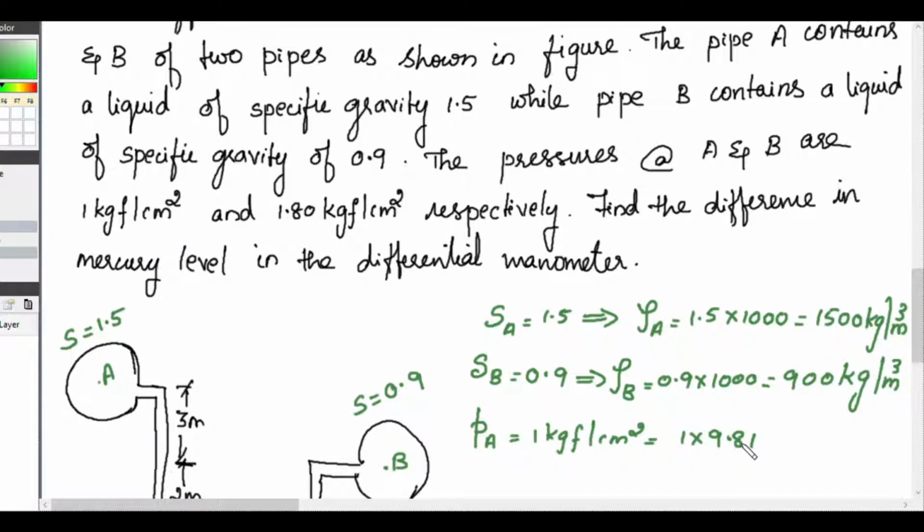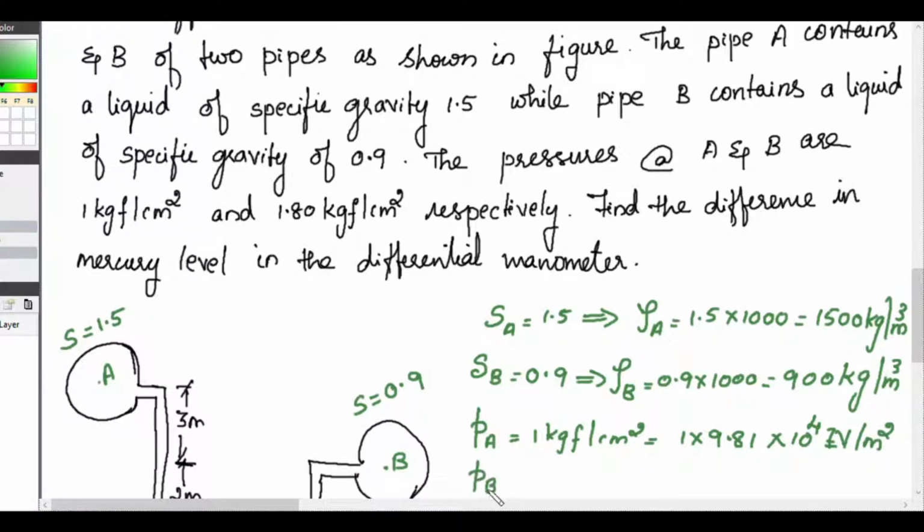9.81 Newton. We are multiplying by 9.81 to convert kilogram force to Newton, multiplied by 10 raised to 4 in order to convert centimeter square to meter square. So this is Newton per meter square.